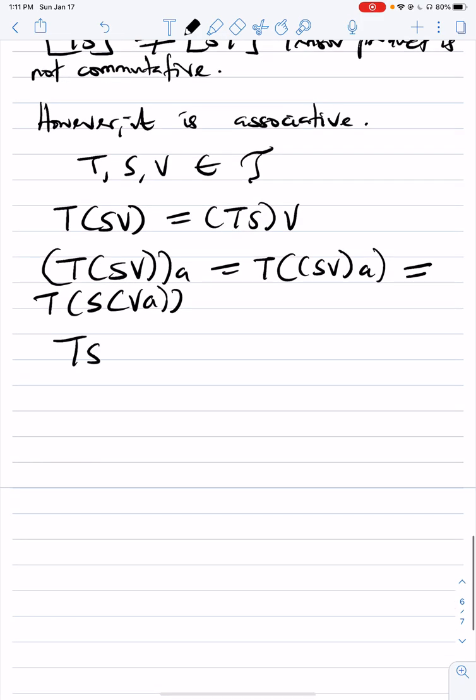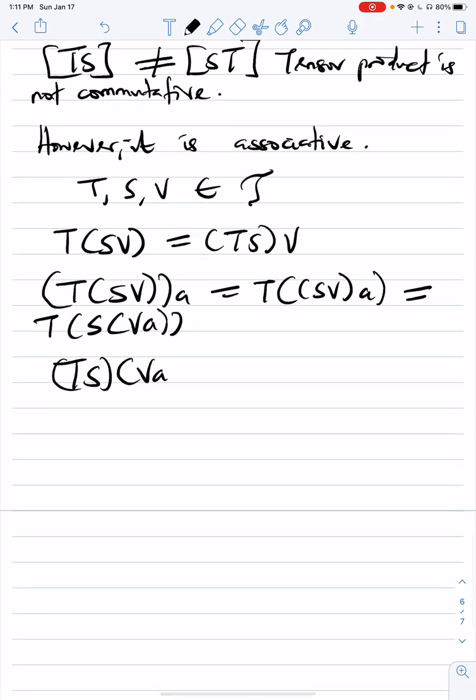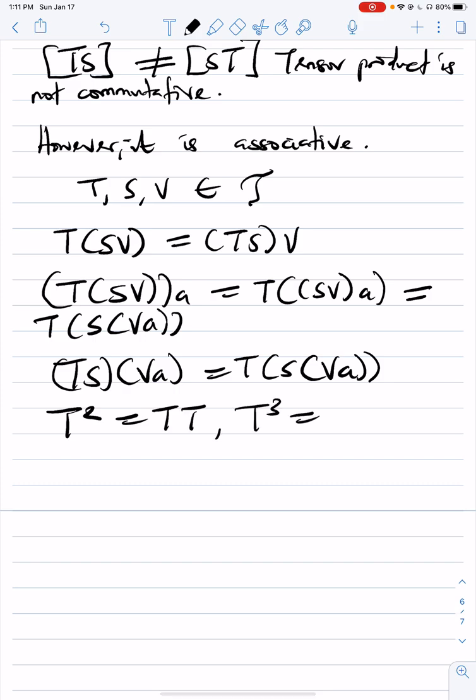If you have T of S, V a equals T, if you multiply by the S, multiplies this first in bracket, then you cover with this, that holds. So basically, that's tensor operations. If you are trying to square, if you multiply T by T, that's fine. If you have cubed, T, T, T, that holds too. Those are valid tensor operations.